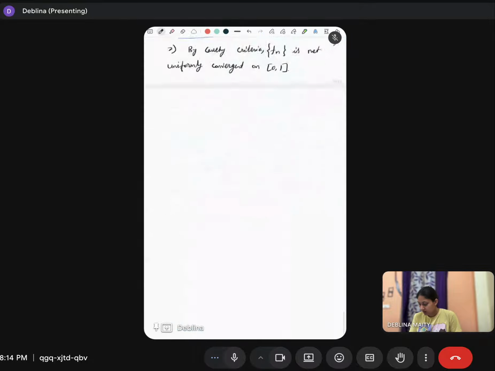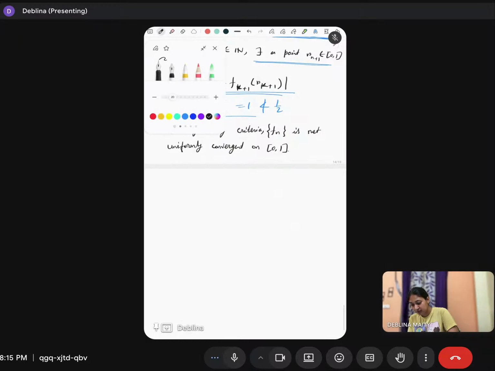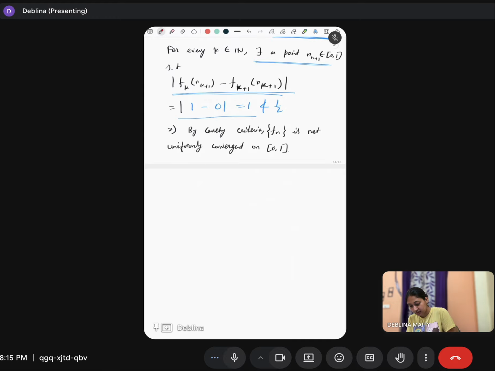Okay. So next we will see a theorem. This theorem is also a condition for uniform convergence.